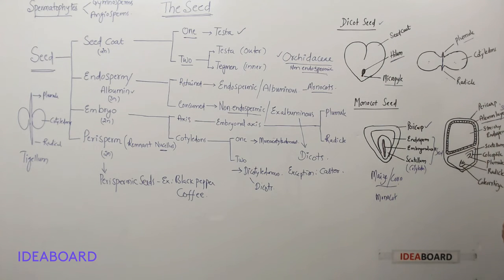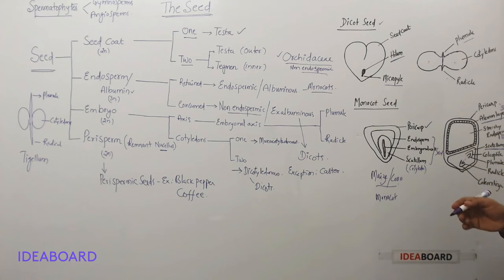So what is the ploidy of this aleurone layer? Diploid. And actually the endosperm will store starch, so starchy endosperm, that is also diploid. And this is the embryo which is diploid, and we will find this is the embryonal axis behind which there is large cotyledon, and that large cotyledon is called scutellum. And this is the embryonal axis, and the lower part is called radicle, and the upper part is called plumule.